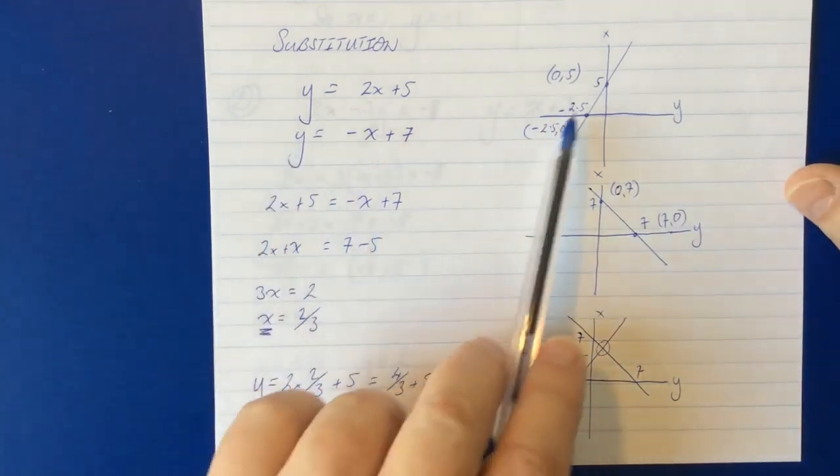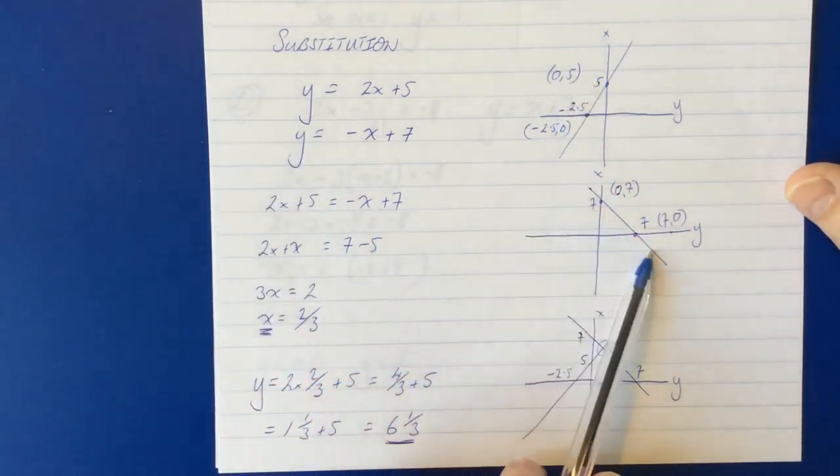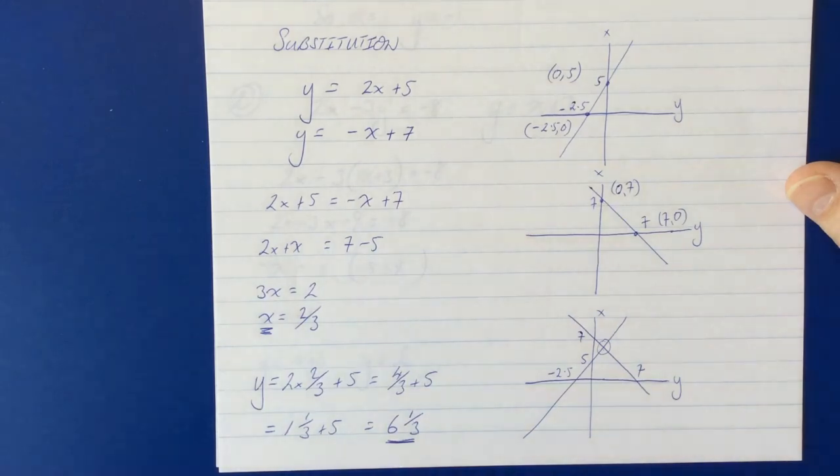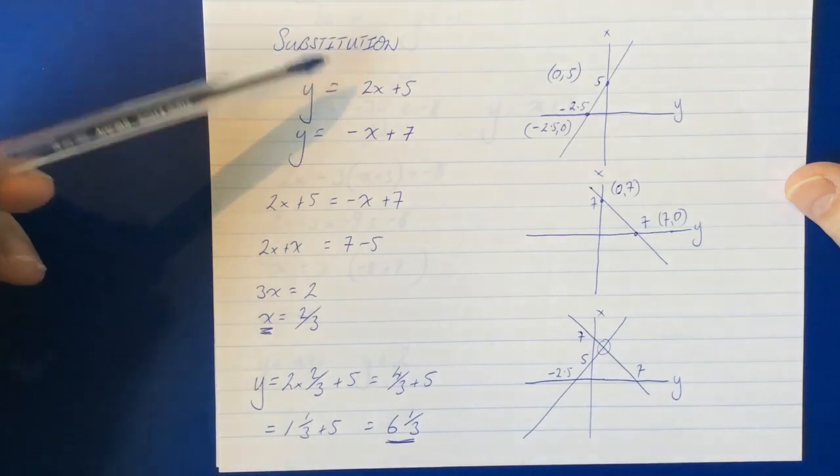Now, if you don't understand how I got the various points on these two graphs, I strongly suggest that you skip back a couple of videos and look at how you graph linear equations. Okay, so what does substitution mean?